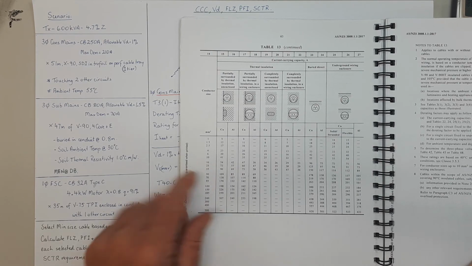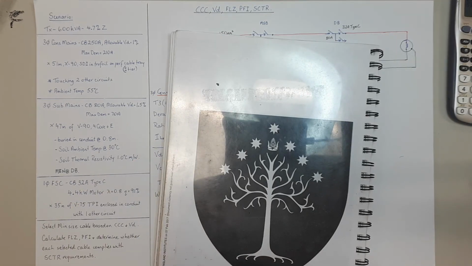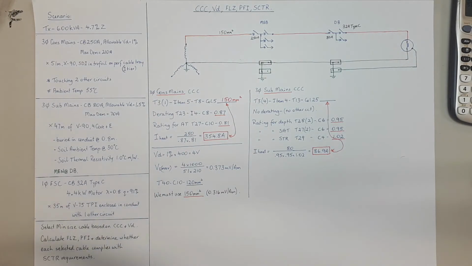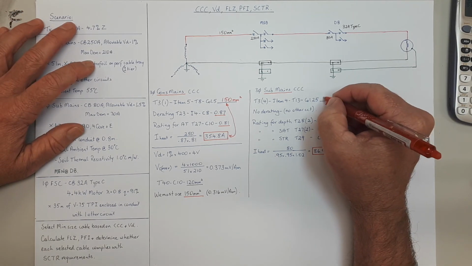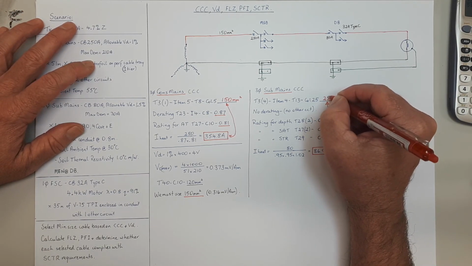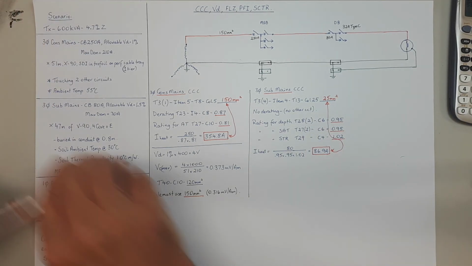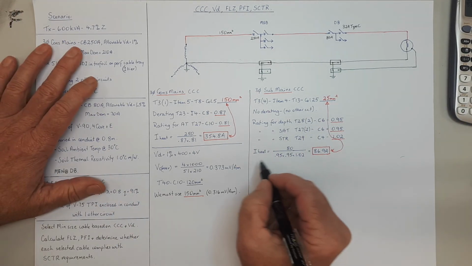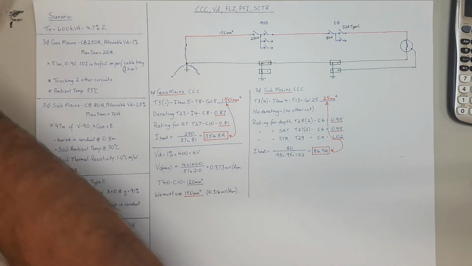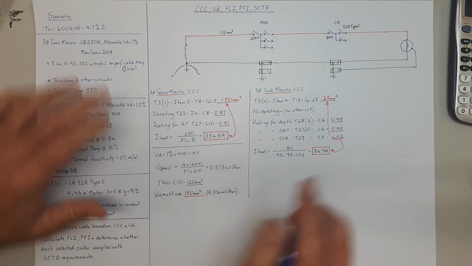Turns out it's 25 mil. So we're looking for 25 mil cable. That's what that says there. So our submains is in 25 mil at least, because 25 mil is our current carrying capacity requirements.